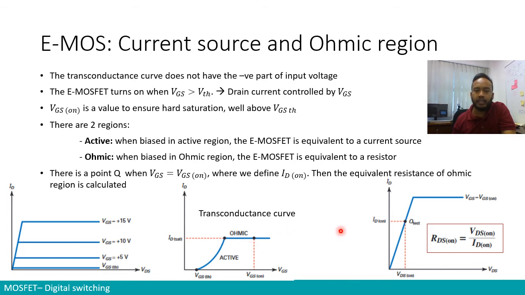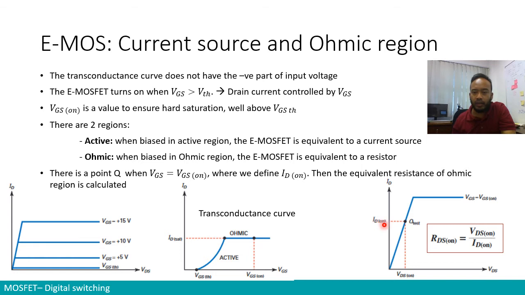And then usually in your datasheet, you may find a point that we call Q test. There is a point Q test where the manufacturer tests their MOSFET. So the Q test is basically when your VGS equals VGS on, and your VDS equals VDS on, where we define what we call ID on.